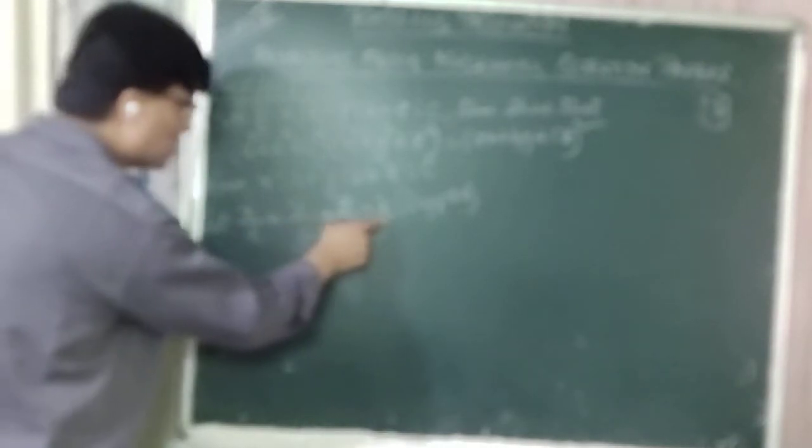Right. So first ratio is equal to second ratio is equal to third ratio is equal to k. So equating first ratio with k and by cross multiplication, what do we get? x is equal to ak.